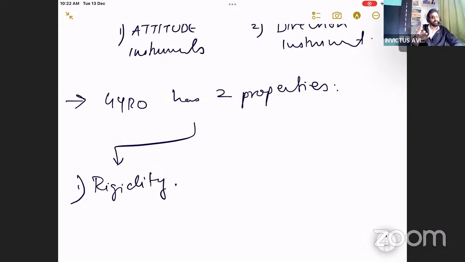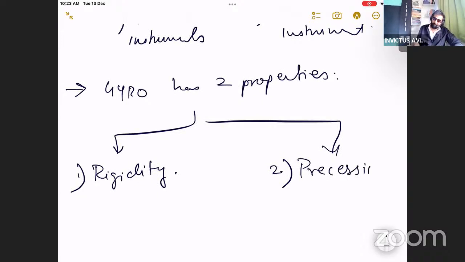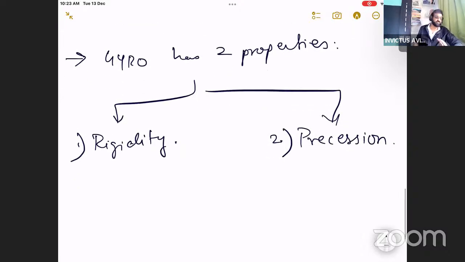If it takes a little more time, just take that time, okay? And the second thing is precession. Even when I was in your place, I never understood precession much. But then I realized that it's nothing big. It's just that I've not seen it visually. That is the only blank in my mind.